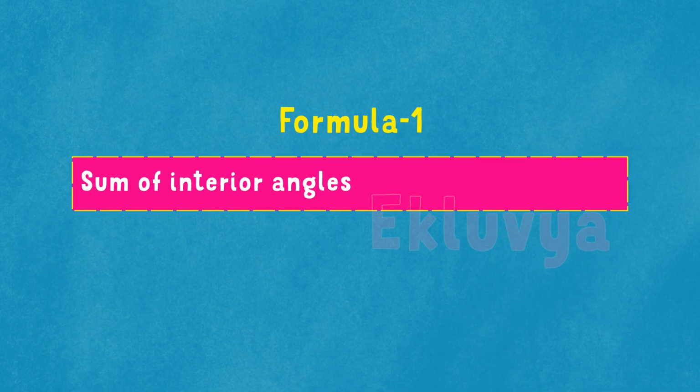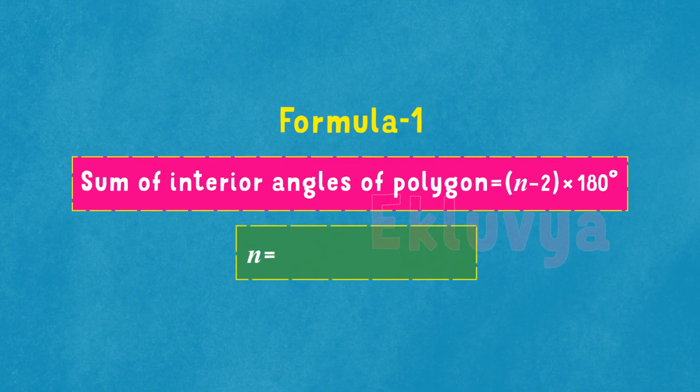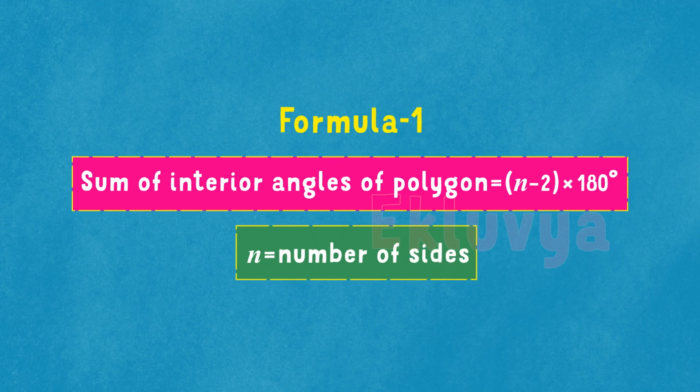Having explored the hexagon, let's broaden our horizon to understand the interior angles of any regular n-sided polygon. Remember our formula for the sum of interior angles? It is (n-2) times 180 degrees, where n is the number of sides. This formula works for any regular polygon, no matter how many sides it has.